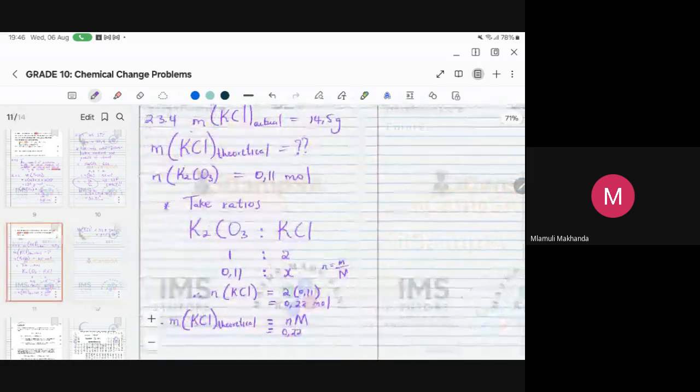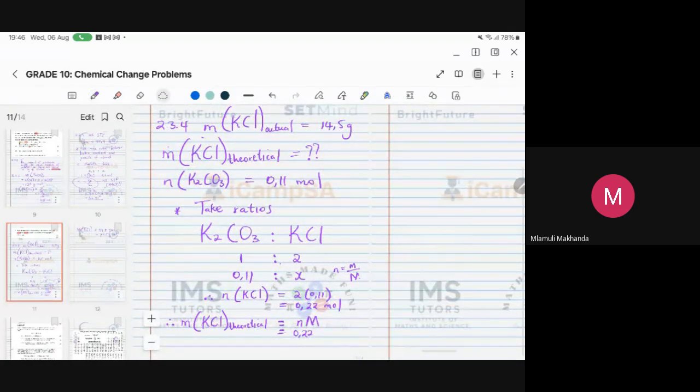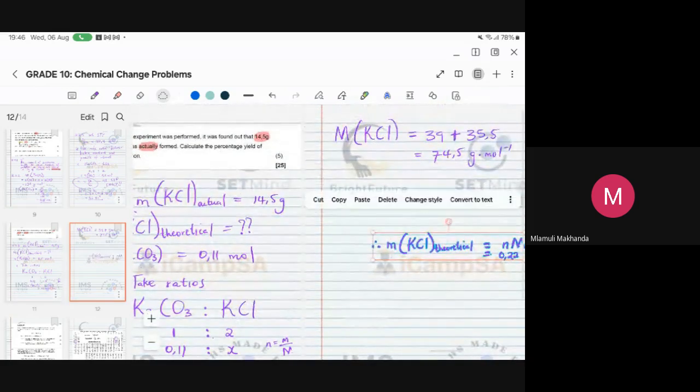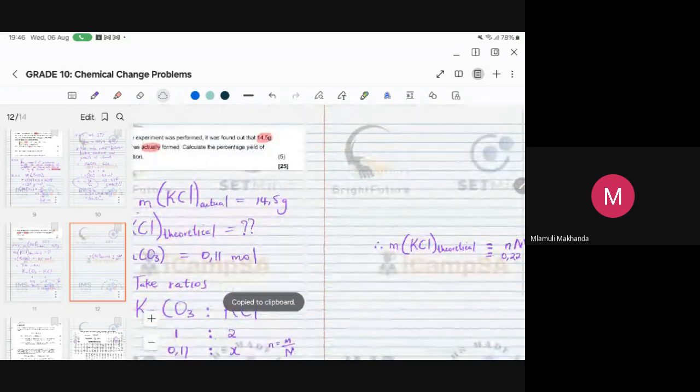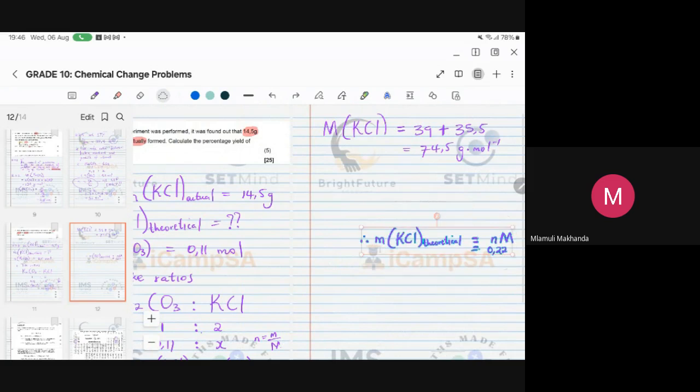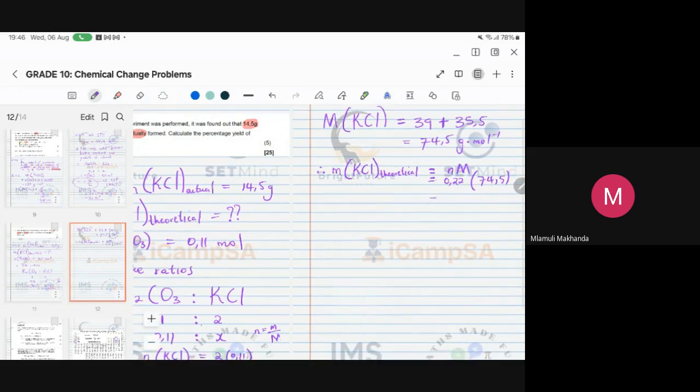So therefore, we can now say 0.22 times 74.5.